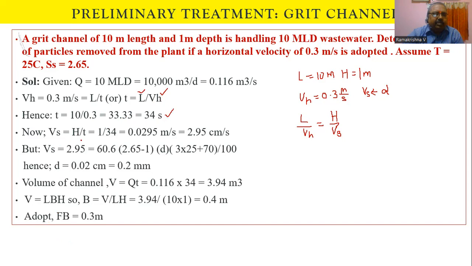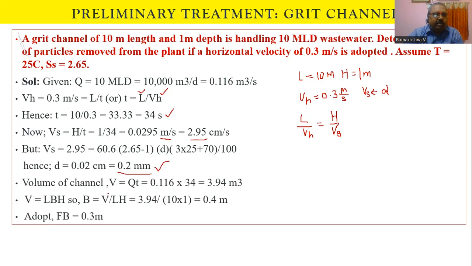Vs is equal to H by T, this is another way we can calculate. H is 1 meter and 34 seconds is given. So equal to so much of meter per second, so much of centimeter per second. Using your modified equation, Vs is equal to 60.6 SS minus 1 D, 3T plus 70 by 100. You calculate a D value, which is equal to 0.2 mm size.